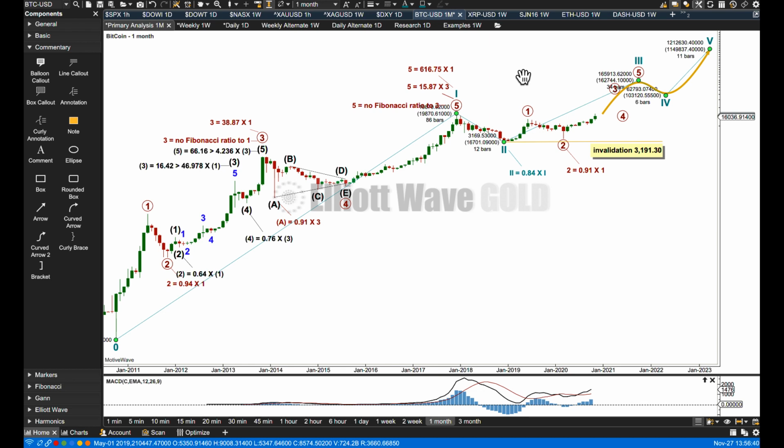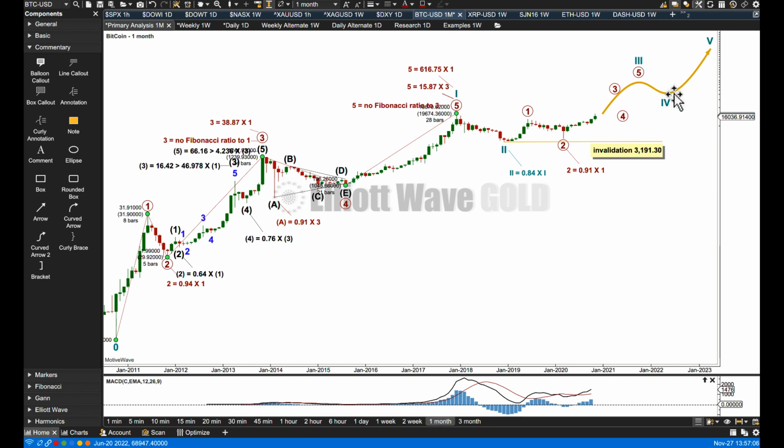Well, I mean, that's ridiculous, isn't it? 12,255,198.72. I mean, it could be that long if the relationships between cycle 1, 3 and 5 are the same as what we saw here between primary 1, 3 and 5.